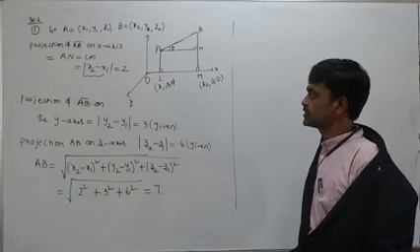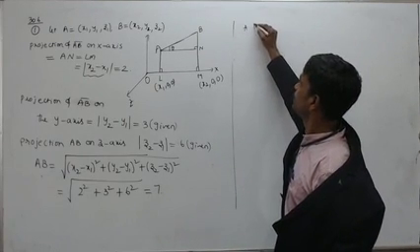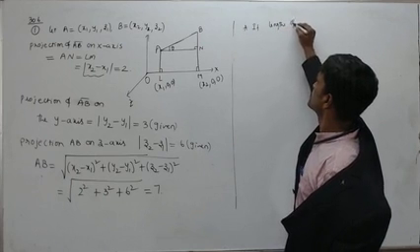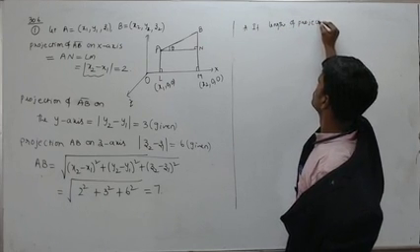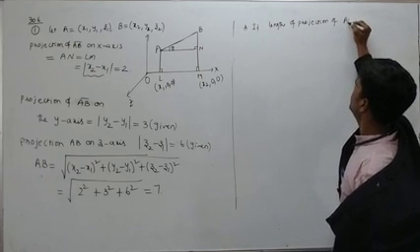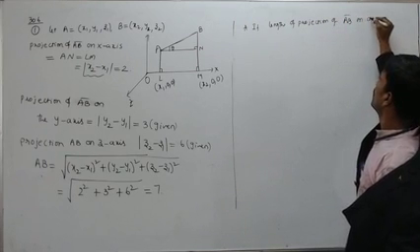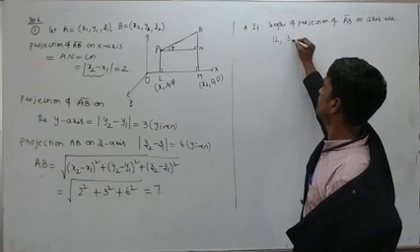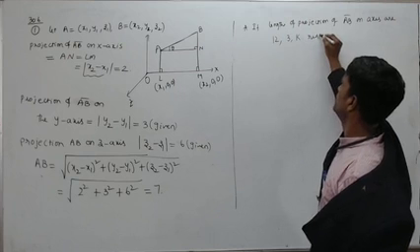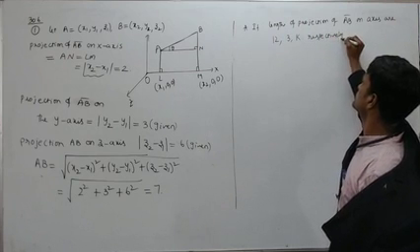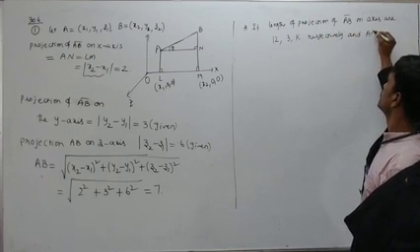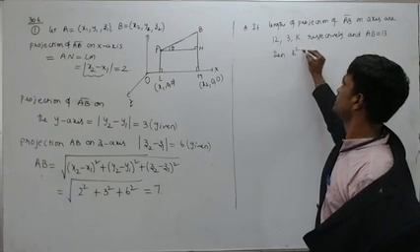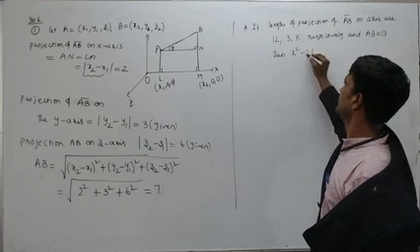Okay. So next, one more problem. If the lengths of projection of segment AB on coordinate axis are 12, 3, k respectively, and AB is equal to 13, then what is k square minus 2k plus 10?